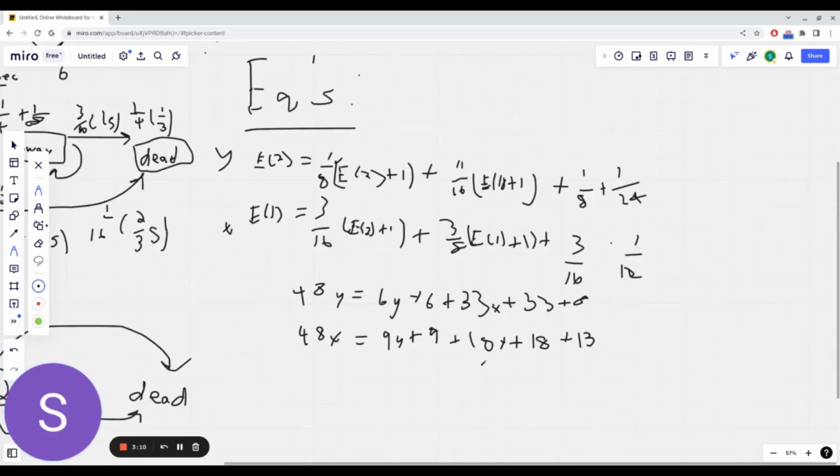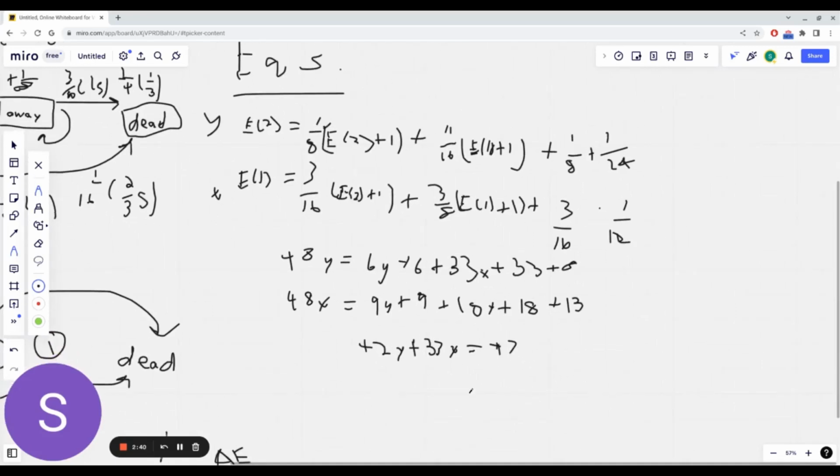So now we'll simplify the equations. So 42y plus 33x is equal to 14 plus 33, 57. No, 47. Yeah, these numbers are probably going to get messy. 14 plus 33, yeah, 47.